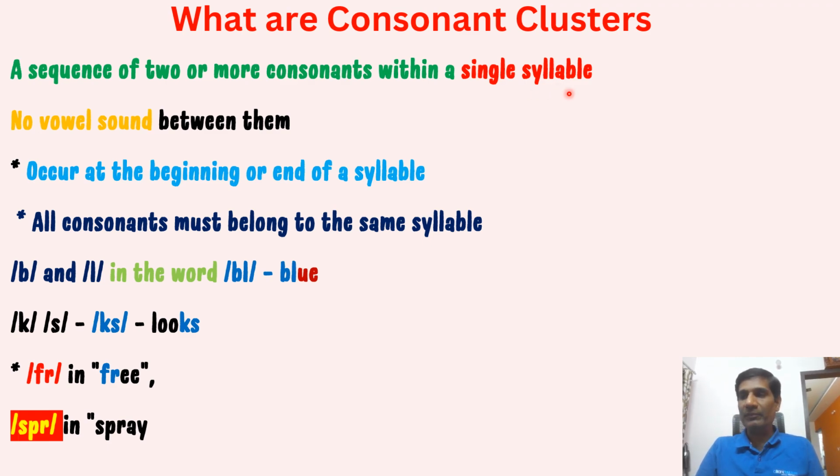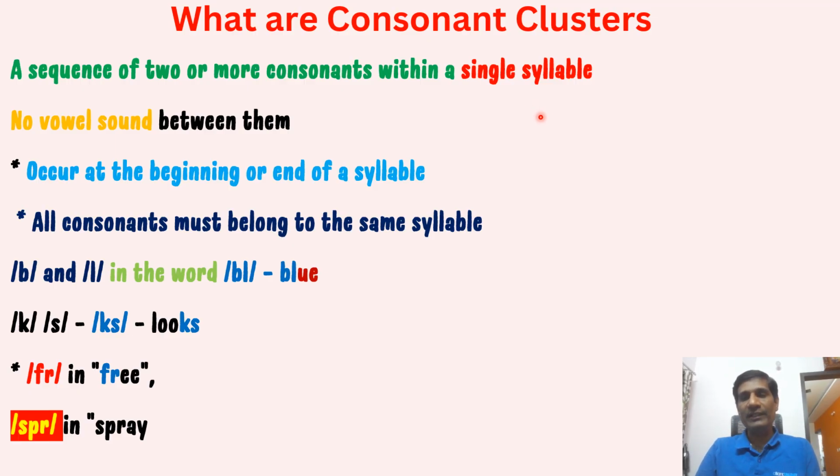That's a syllable. For example, book has a single syllable, one syllable, whereas reading has two syllables. It means each syllable has a single vowel sound in a unit.